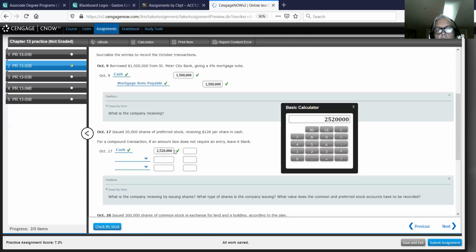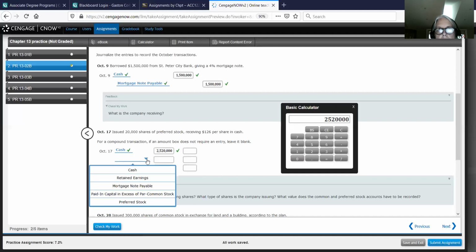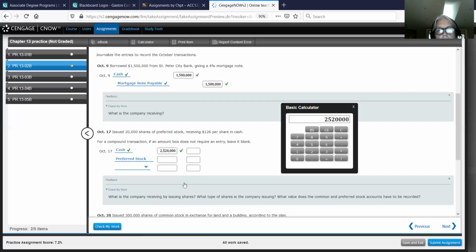And what we're saying is we sold that preferred stock, so our equity in the corporation is increasing. So I'm going to credit my preferred stock for the amount of the par value of the stock. When you issue stock, preferred stock is always recorded at the total par value.